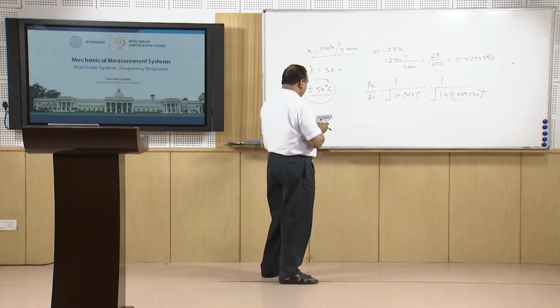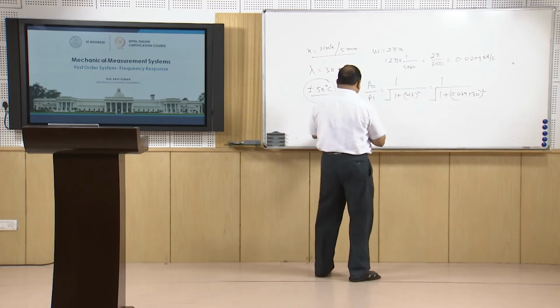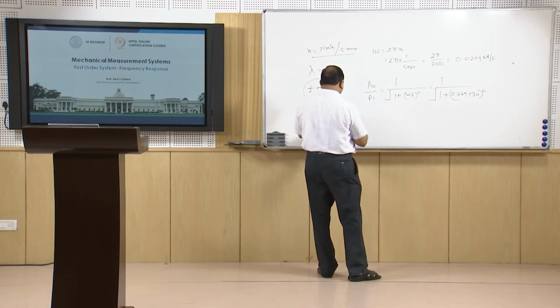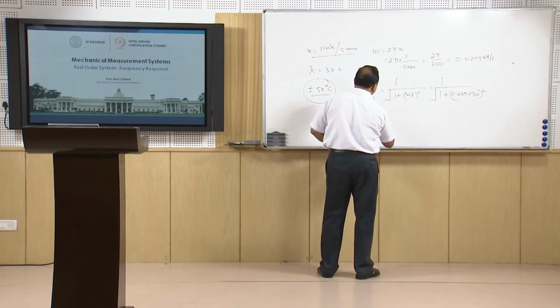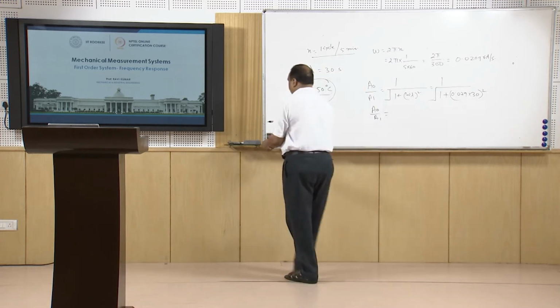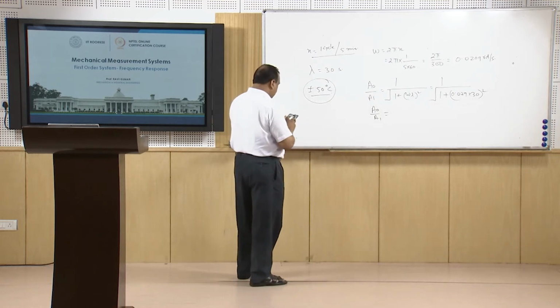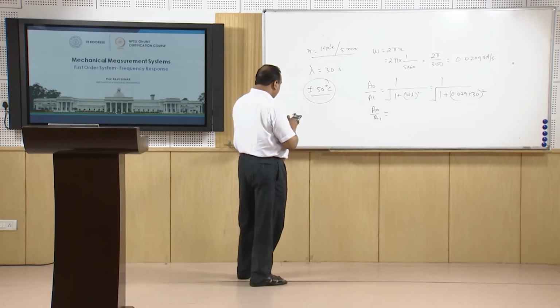Fine. Now, in this case, the amplitude ratio AO by AI comes as 1 by under root of (0.0209 multiplied by 30) square plus 1.